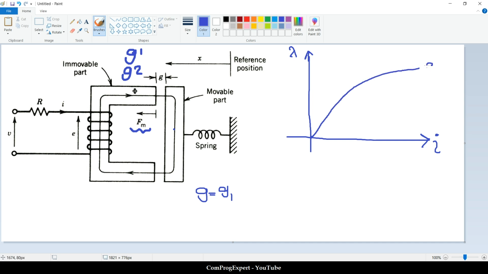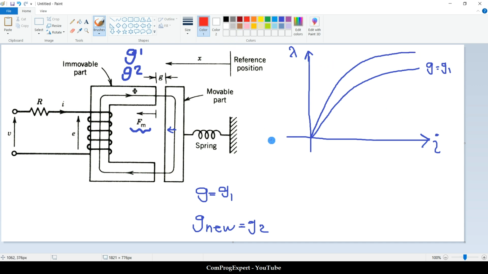Okay, this is when the gap is equal to gap 1. When we excite the coil and we have attraction force, this moving part moves in this direction, and suppose the new position, the new gap, is G2. So this one. In this case, again, for the new position, we can calculate the lambda-I characteristic.